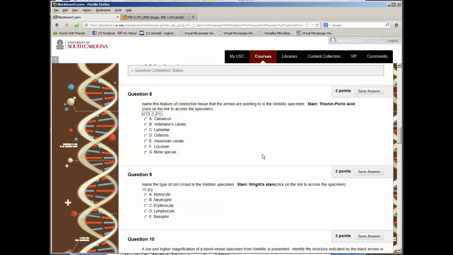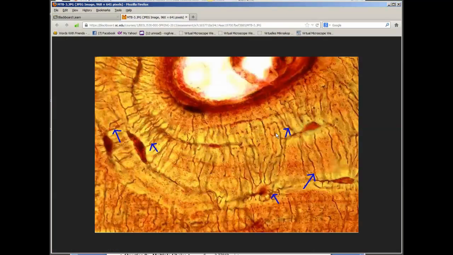Okay, you're asked to identify a feature, and you're given choices that really all have to do with bone tissue: canaliculi, Volkmann's canals, lamella, and so forth. If you look at the specimen, you immediately see these little thin lines, and that should remind you immediately of canaliculi, because this would be a lacuna with the nucleus of an osteocyte and the cytoplasm.